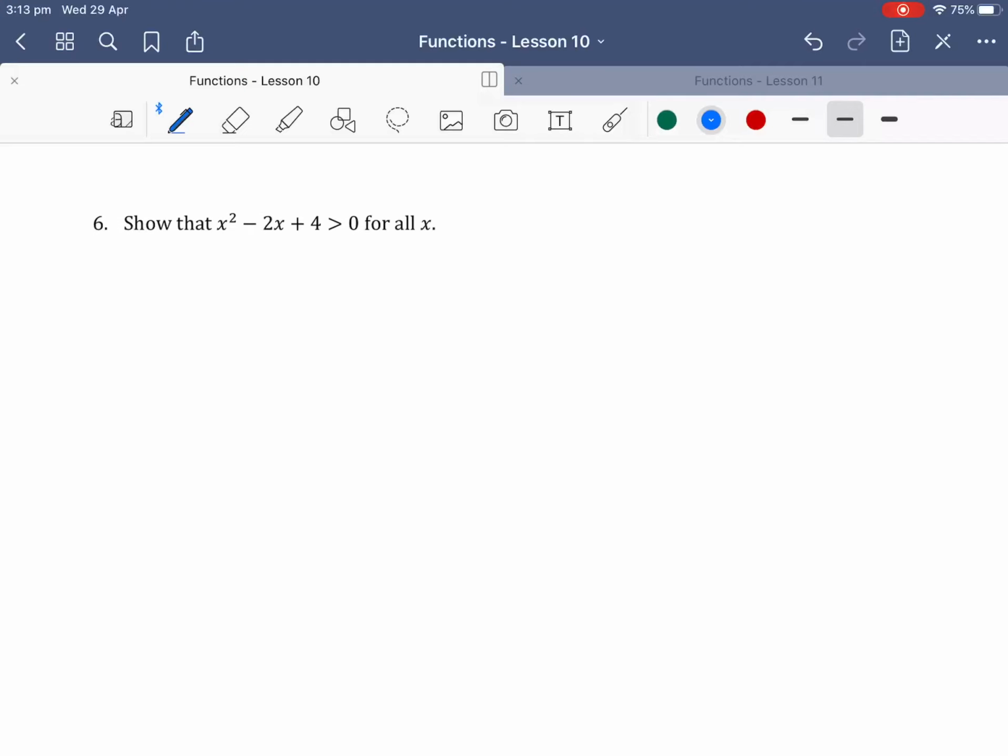Moving on to example 6, we want to show that x squared minus 2x plus 4 is greater than 0 for all x. If this is greater than 0 for all x, that means it's going to have no x-intercepts.